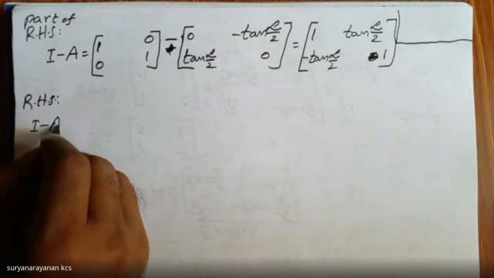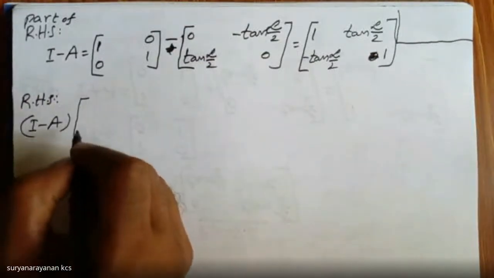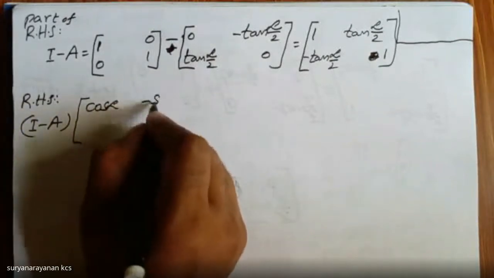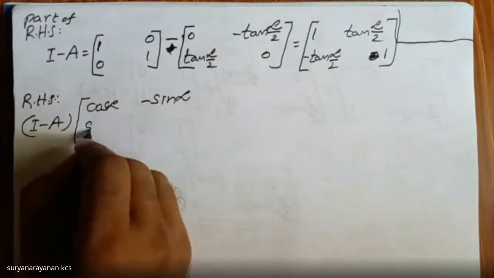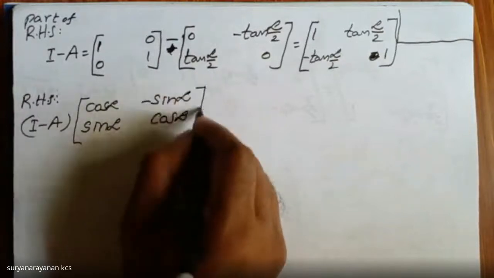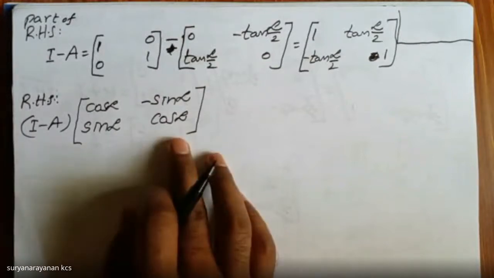I minus A into matrix cos alpha, minus sin alpha, sin alpha, cos alpha. This complete part is RHS.